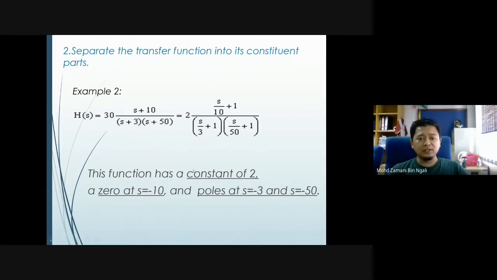Let's say you have this transfer function. This is actually equal to, we divide the top part by 10, and also divide s plus 3 by 3, and s plus 50 by 50. So we'll get 2 times all of this. So we have 1, 2, 3, 4 constituent parts.